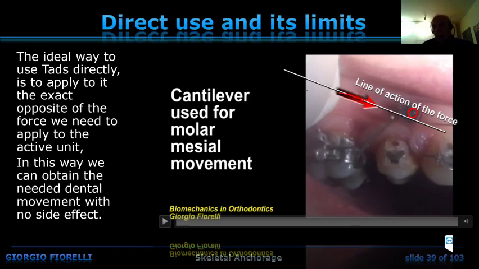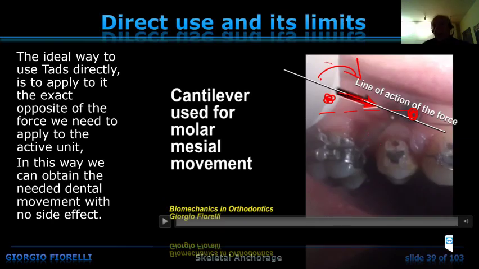You see the obliquity of this line of action probably makes me have a force which goes above the CR. Maybe not so much, but a little bit, in spite of the fact that the TAD is not above the CR. And this is very interesting, because in this way you can have more control of the apex of the root.